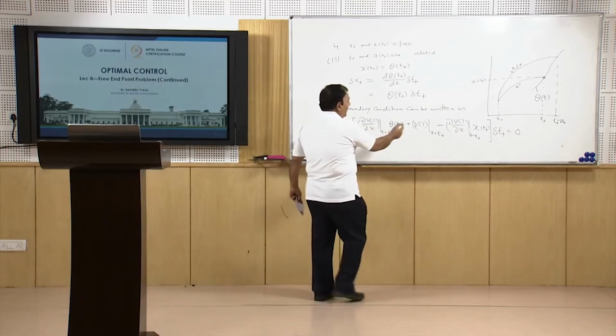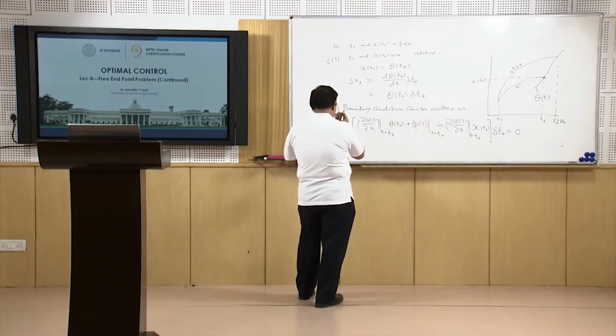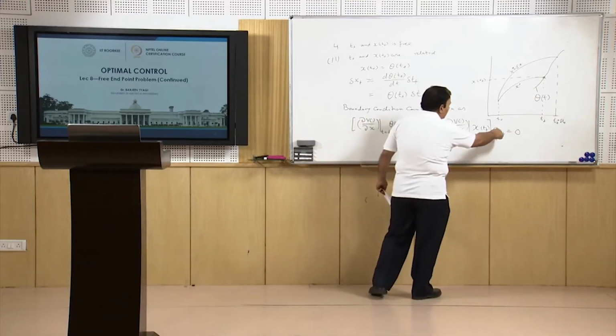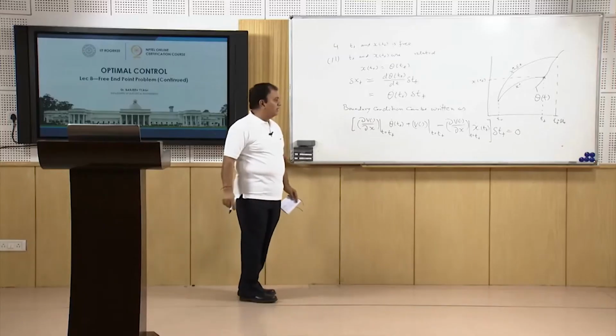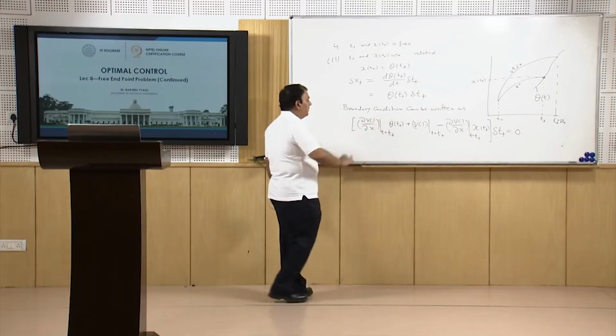I can combine these terms and write my boundary condition treating delta tf to be arbitrary. So, the coefficient of the delta tf will be 0.